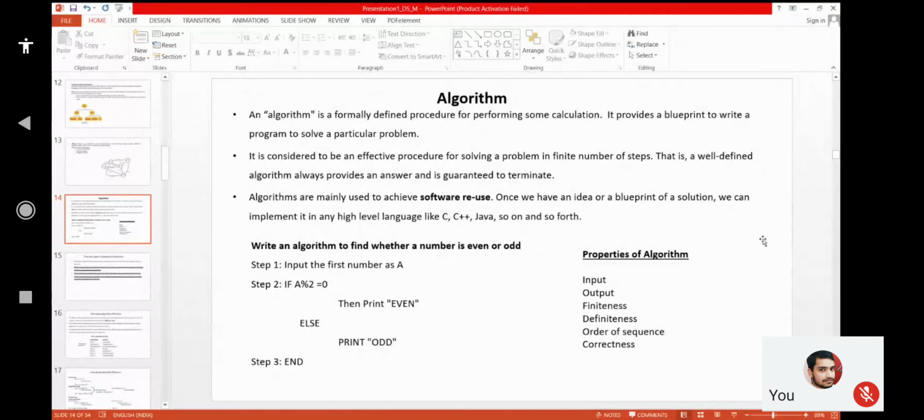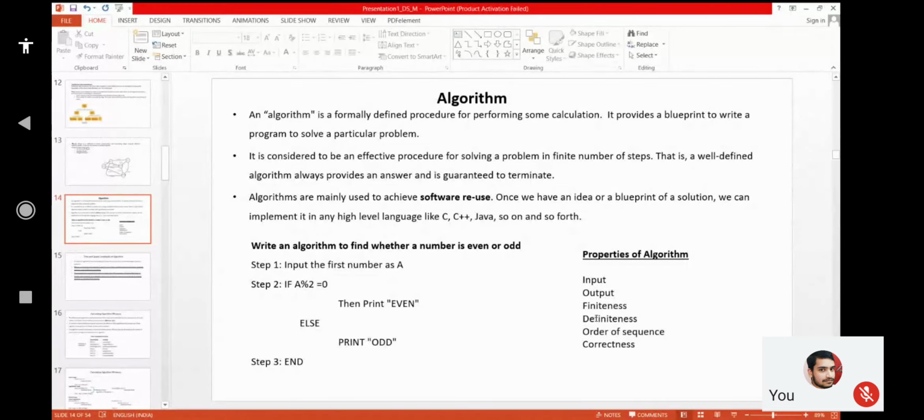Okay, next. Sir, can you explain the third point? The third point is finiteness. Finiteness means finite number. That means each and every algorithm must have a finite number of instructions. Here we have only 3 instructions.